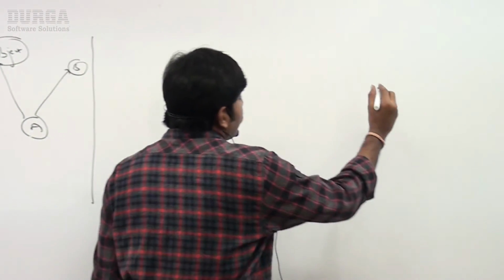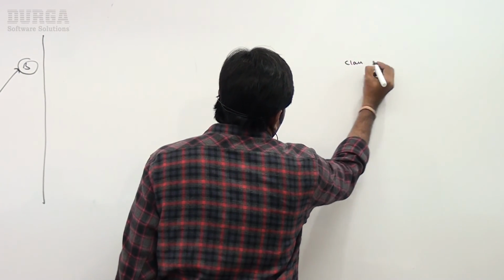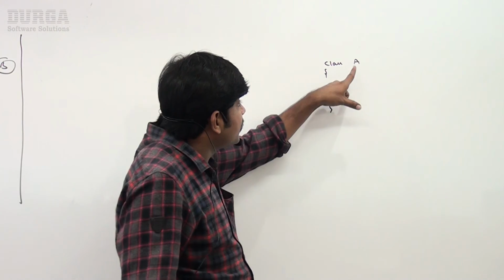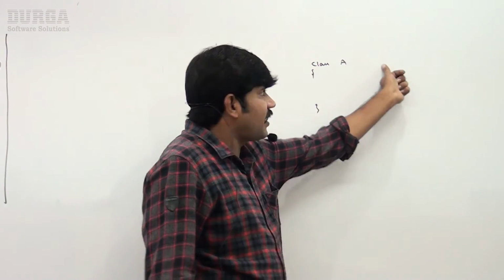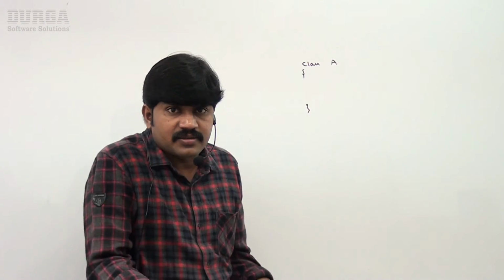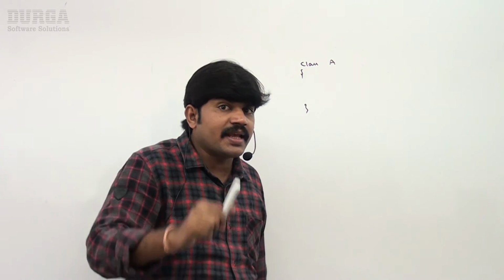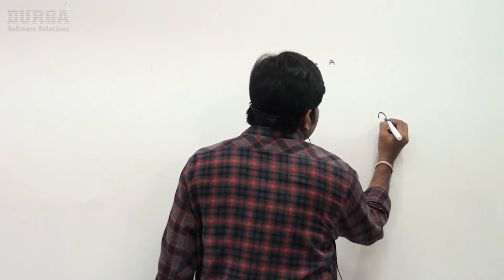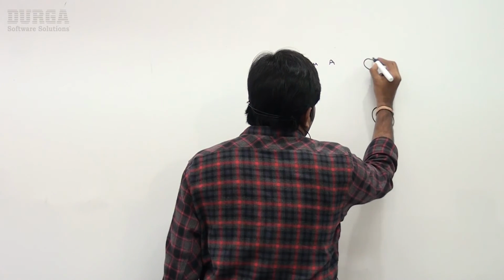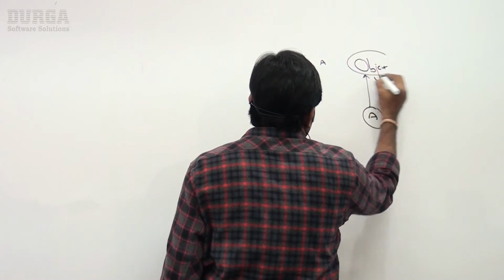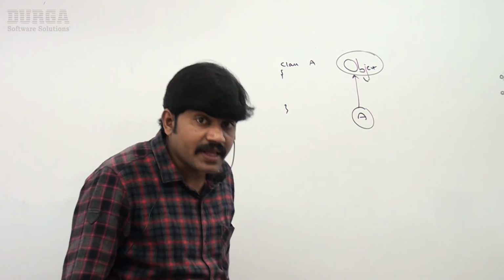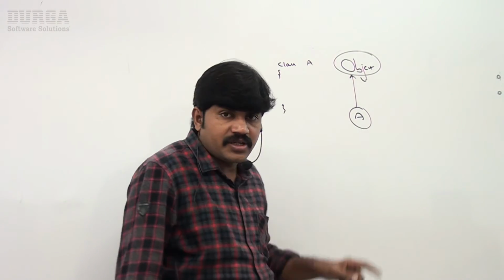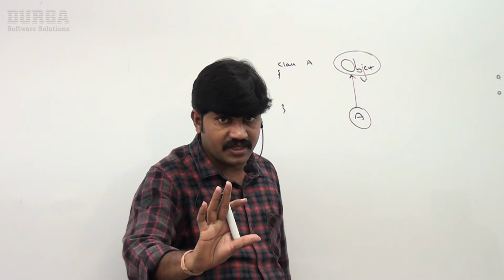If I'm writing a class A and our class does not extend any other class, then only our class is the direct child class of Object class. Clear for all of you, right?